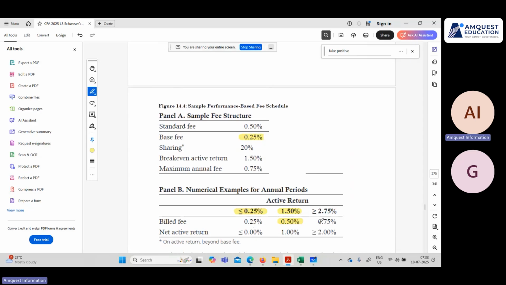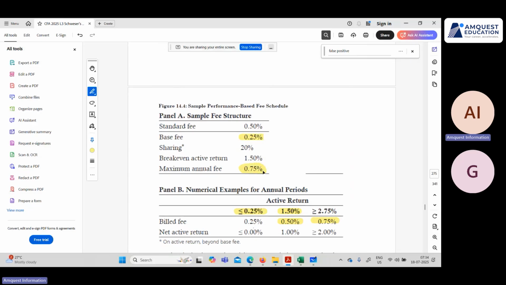Now look at this one. If you do the calculation for more than 2.75, it says more than or equal to, so basically it could be 5% or 10% as well. But the fee structure also says that the maximum annual fee is this much.